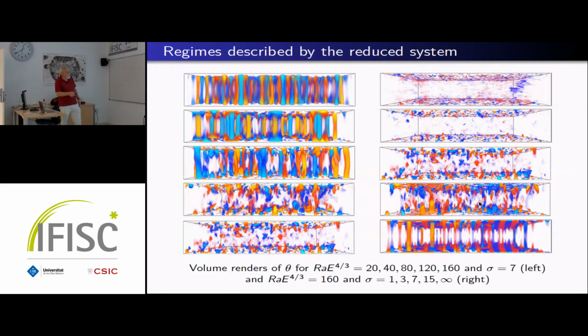Here is the corresponding picture for this value of the Rayleigh-Ekman to the 4/3 at different values of the Prandtl number. And you can see when you go from high Prandtl number to lower Prandtl number, you go through this plume regime into this geostrophic turbulence regime. I don't have movies of this because these are 3D calculations, and the movies are very memory intensive.